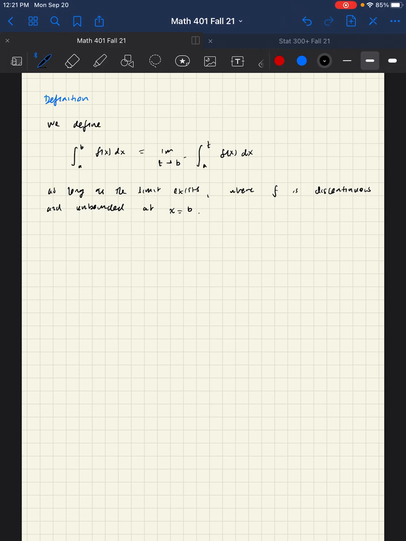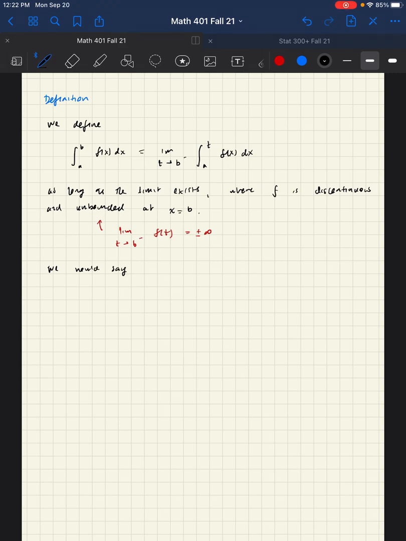So a great example of this idea is the previous example where we had 1 over x, which is discontinuous at 0 and unbounded; the limit there on either side is either infinity or negative infinity. So what we mean by that is the limit as t approaches b from the left of f of t is infinity, whichever one.